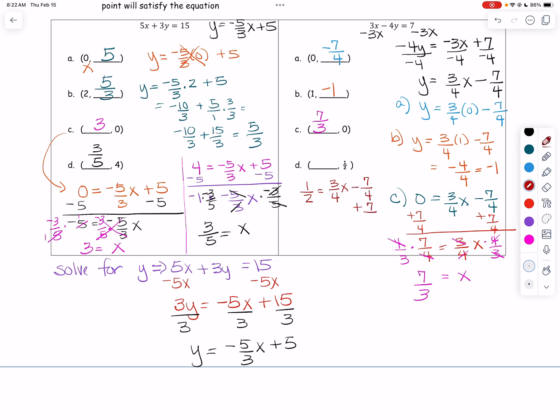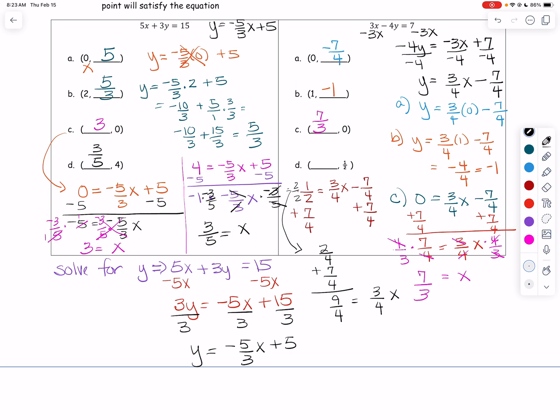We're going to add 7/4, which means that I'm going to have to change this to, oops, I'm running out of room. Let's come down here. That's going to be 2/4 plus 7/4, which is 9/4, and that equals 3/4 x.